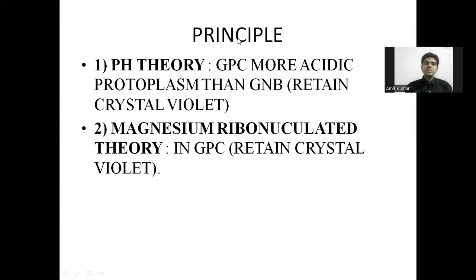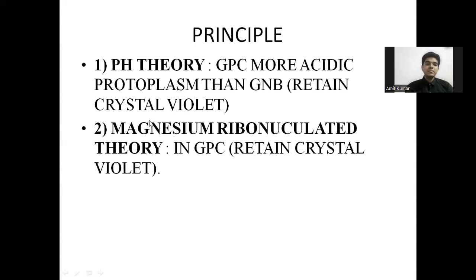Then this slide shows the principle of gram stain. The principle of gram stain is based upon various theories. Number one is the PS theory. Number two is the magnesium ion theory. The PS theory tells about gram positive bacteria. The protoplasm of gram positive bacteria is more acidic than that of gram negative bacteria. That's why gram positive bacteria retain the color of crystal violet.